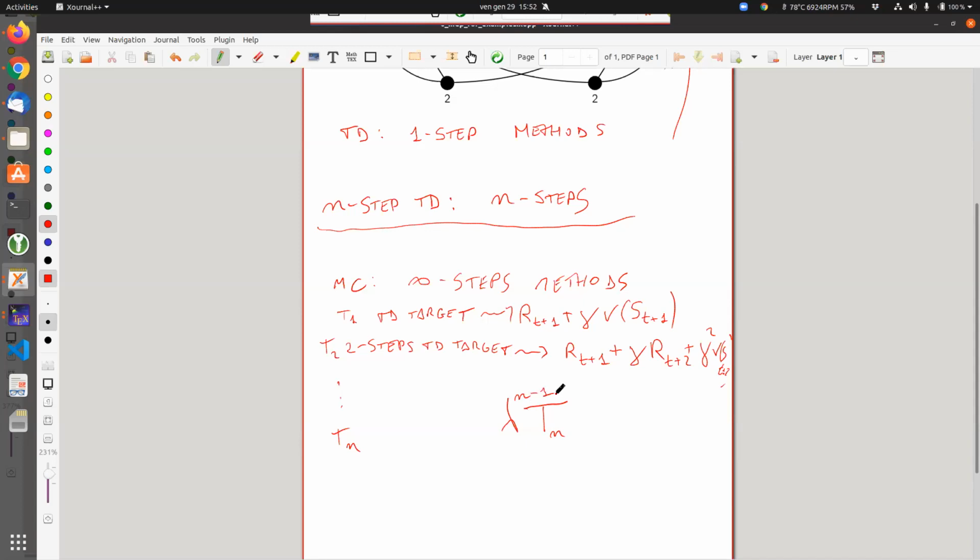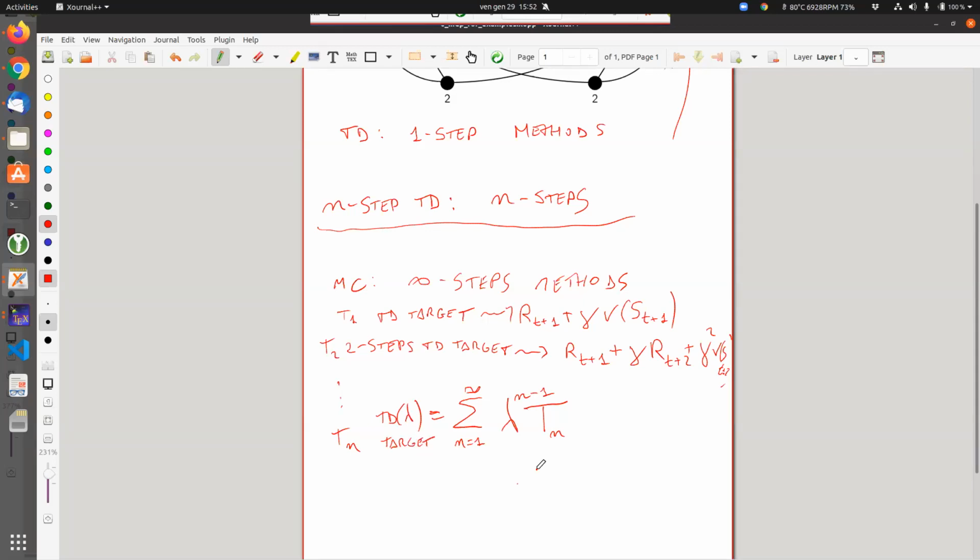So that the first one is not weighted. And in this way, the target you are using is the sum for n going from 1 to infinite. And this is called the TD lambda target.